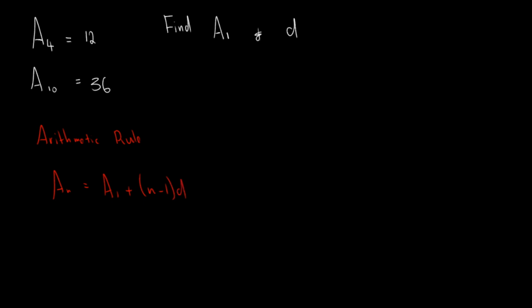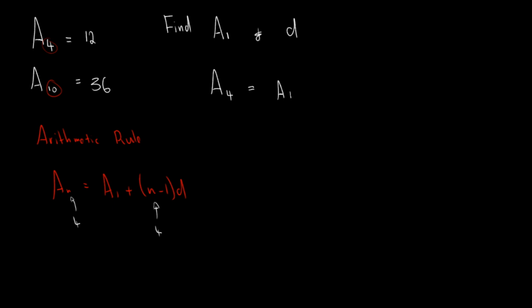Well, I don't know A1 and I don't know d. But I do in fact know A4 and A10. So let's put that into the equation. I can now say, well, I want to find A4. So A4 is going to be, remember, because I substitute the 4 as n, I can substitute the 4 as n in this location as well, inside the parentheses, right?